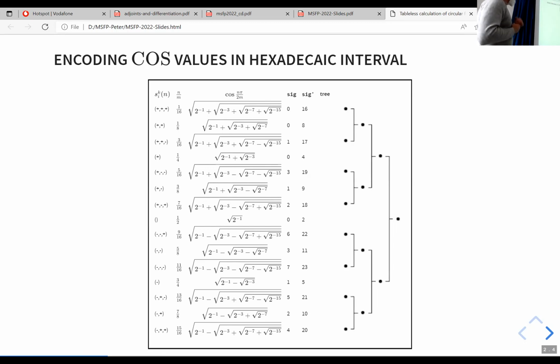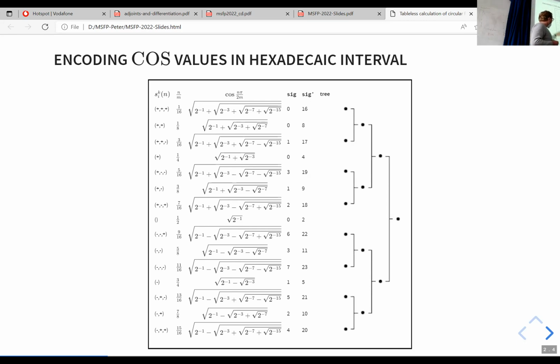When you look at it, you notice that it follows a kind of binary tree pattern, because you start at the middle, and going deeper, you dissect the interval depending on where you go, and the sign depends on whether you go left or right. If you go to the top, then it's a plus. If you go to the bottom, it's minus.